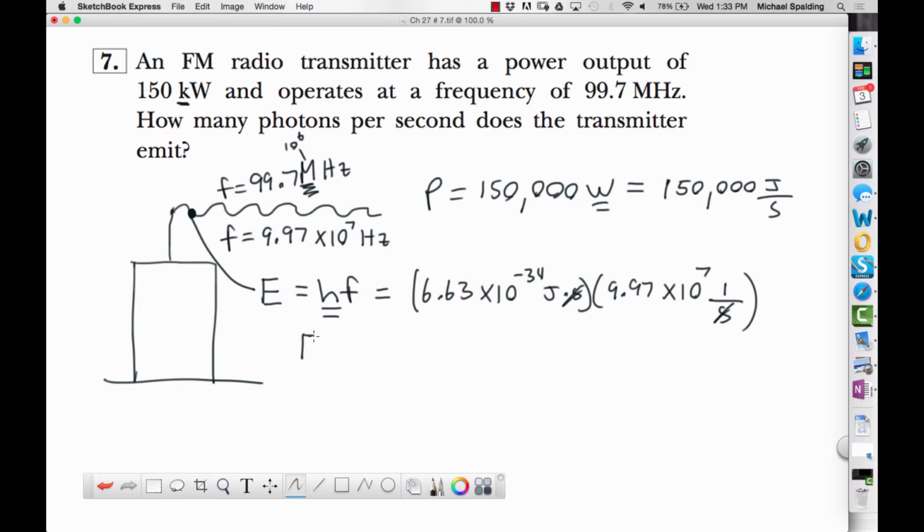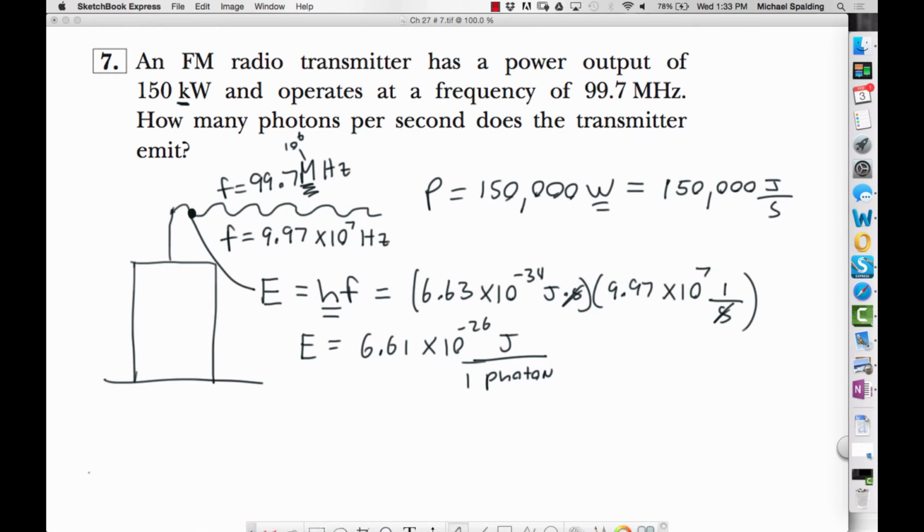And we're left with the energy of a single photon in joules, which is 6.61 times 10 to the negative 26 joules. That's joules per photon, for every single photon. One photon has that much energy.